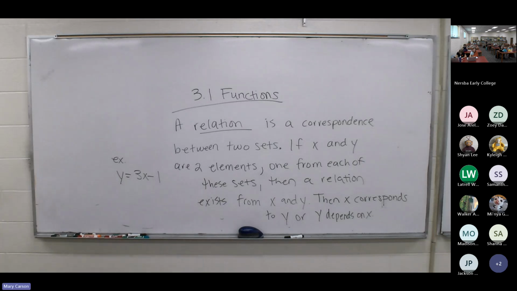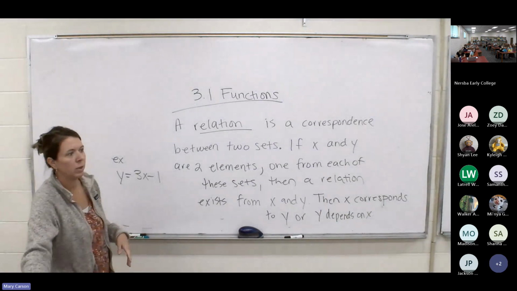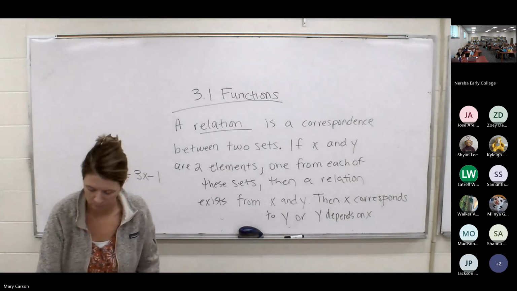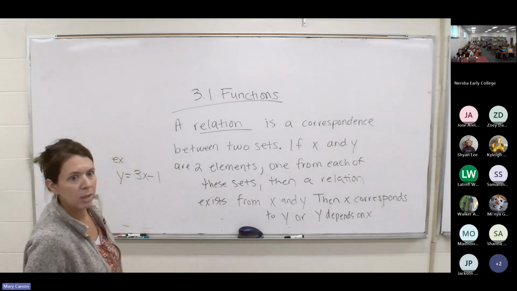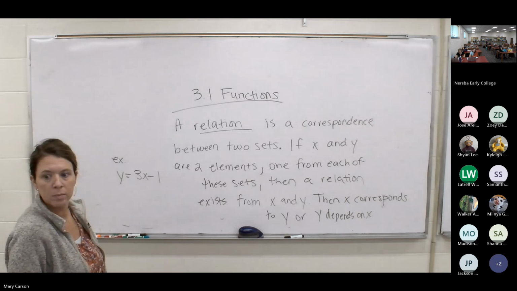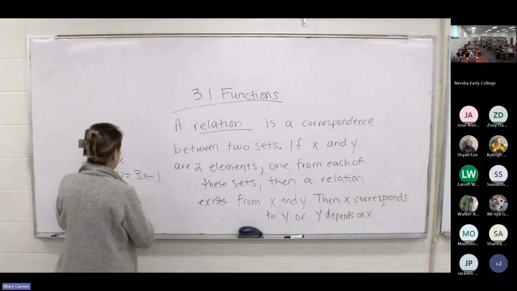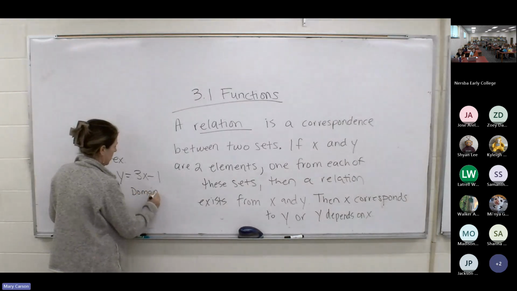All right, you guys have heard of the words domain and range of a relation, right? What would the domain be? Does anybody remember what domain represents? It is your x-axis, but think about it as your input, okay?